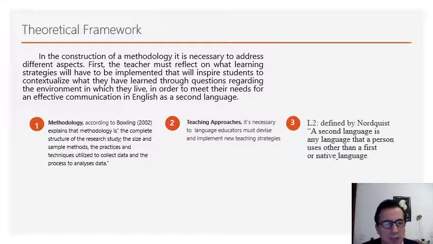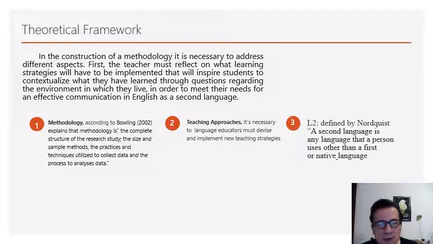Number one, methodology. According to Brolin, the methodology is the complete structure of the research study: the size of the sample, the methods, the practice and techniques utilized to collect data, and the process to analyze data. Number two, teaching approaches.